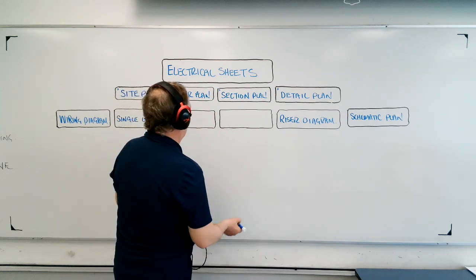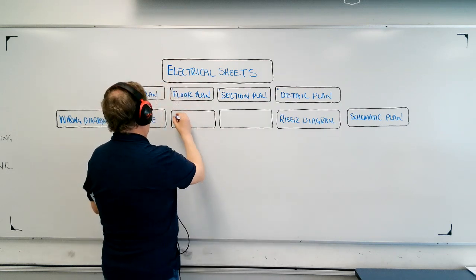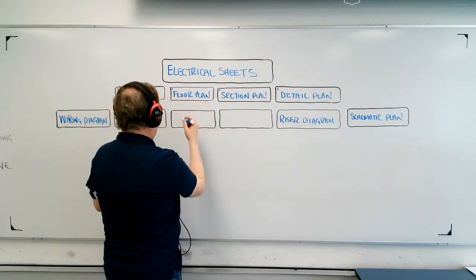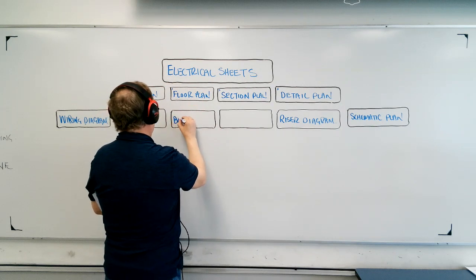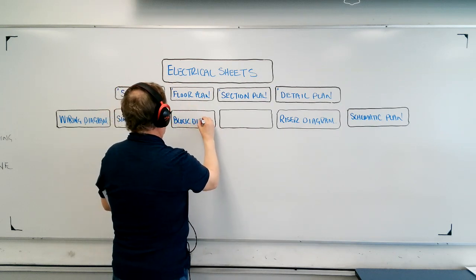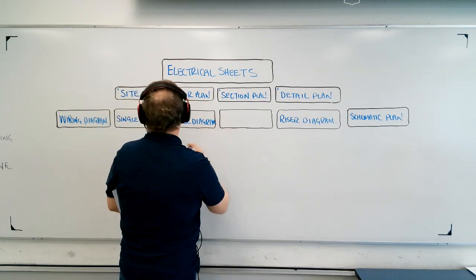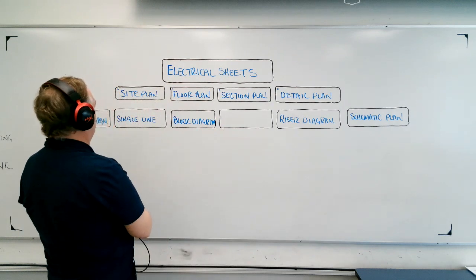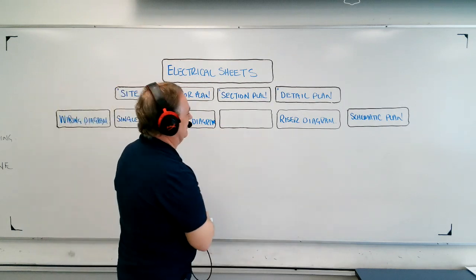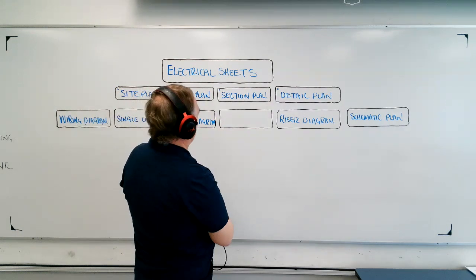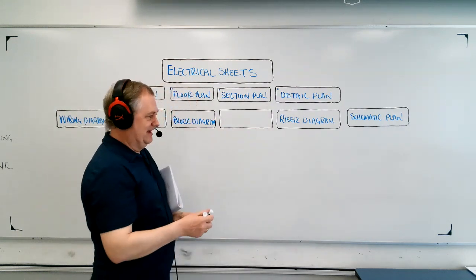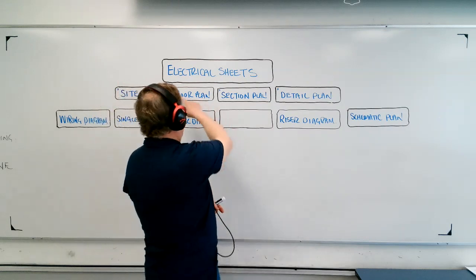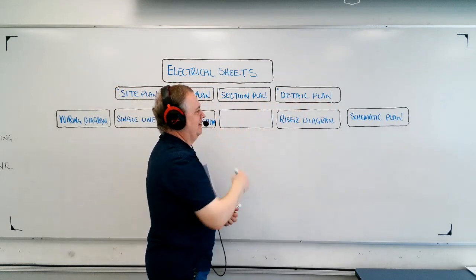Now, a couple more, and I put them here just so we keep them closer to their main parent types. This one is called a block diagram. A block diagram is actually similar to an elevation, and interestingly enough, there are not very many elevation drawings, and that's why I didn't include it here as one of these types.